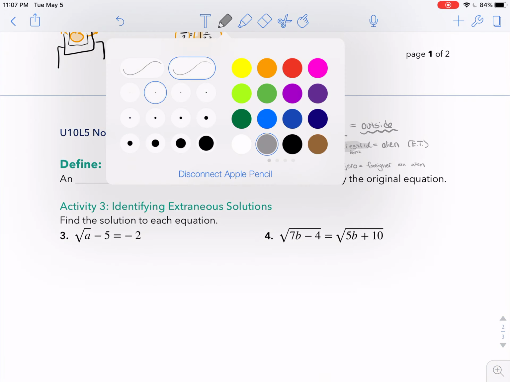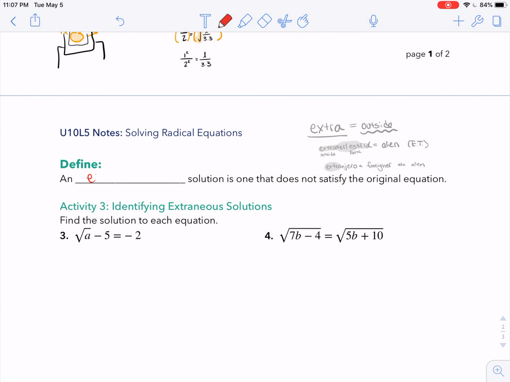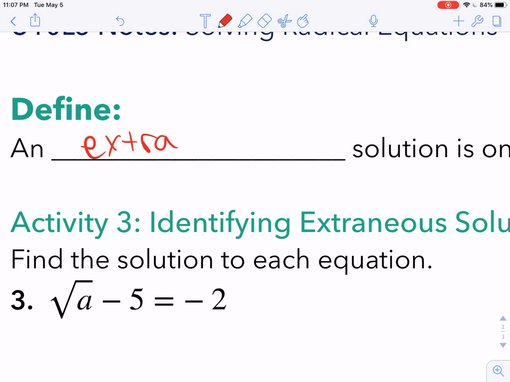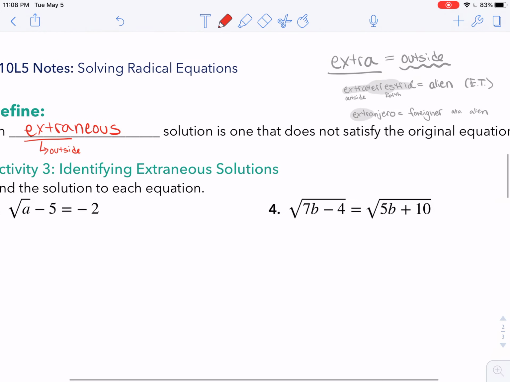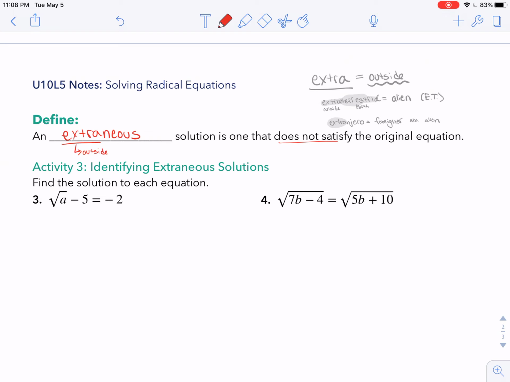So when we're talking about something that is extra in mathematics, when we talk about a solution that is extra, that is, it's outside, we say it's extraneous. An extraneous solution is one that does not satisfy the original equation.